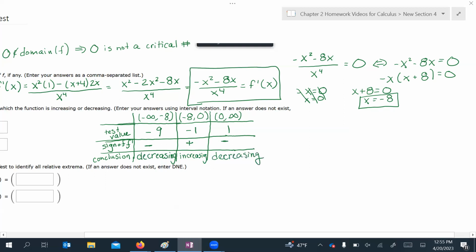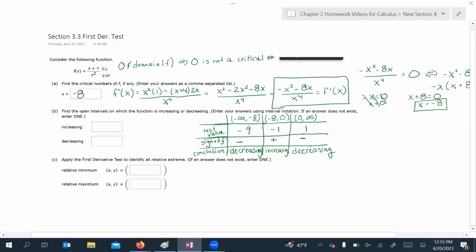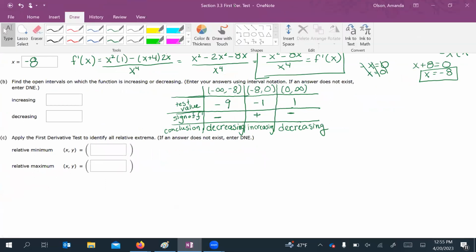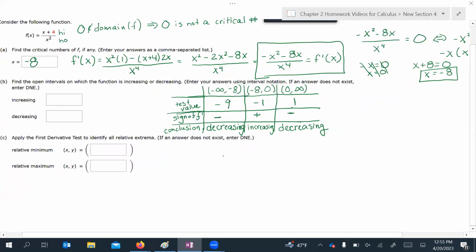from 0 to infinity. All right, the last step is to find a relative extrema using the first derivative test. So if you think about your graph, this is the way that I remember the first derivative test. Your graph is decreasing, right? It decreases and decreases and decreases until it hits some low, and then it switches to increasing.